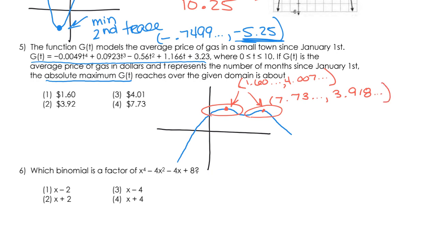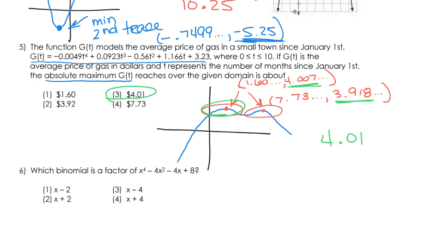Now we can see which point is higher, and remember, higher is the y coordinate. So this first one is actually the true maximum, and that 4.007 would round to 4.01. Choice 3 is the absolute maximum that g of t reaches over that given domain.